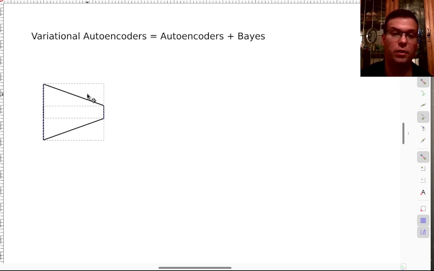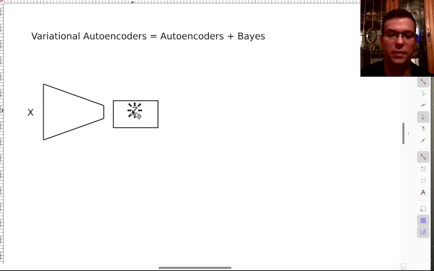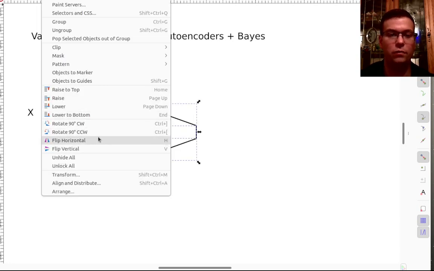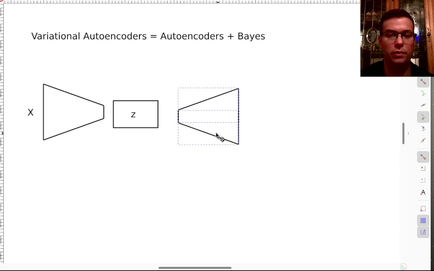So to diagram out what an autoencoder looks like, we have an input x that's higher dimension here, so I'll depict that by the larger vertical line. And then we downsample to some latent space here. So this is our latent space, and I'll call that Z. And then we upsample from the latent space back to the dimension of the input.